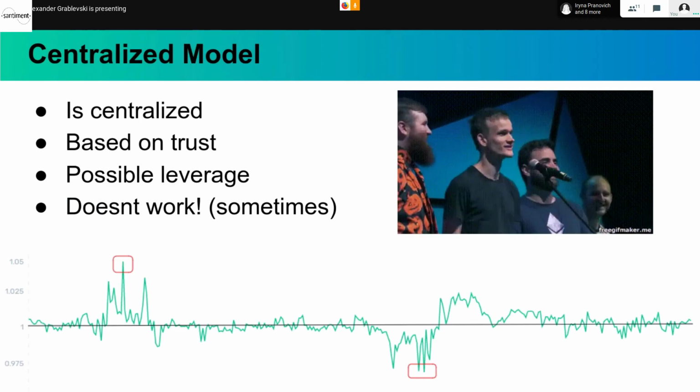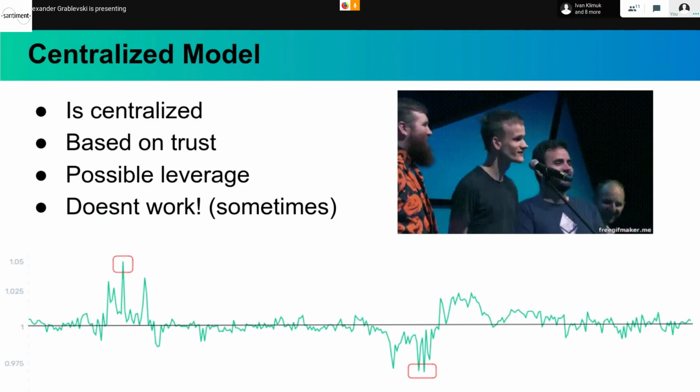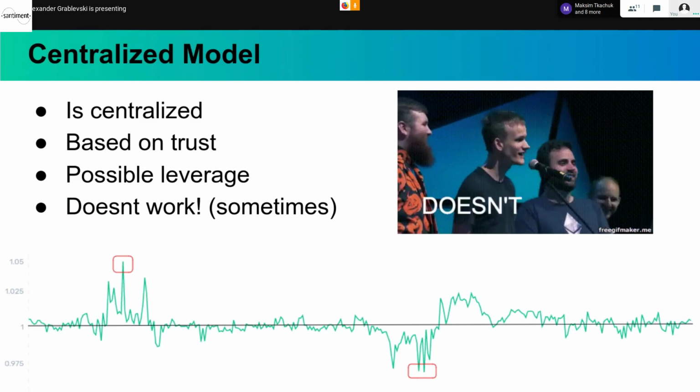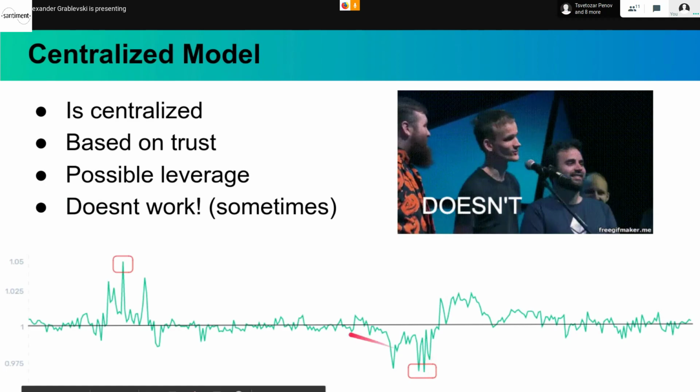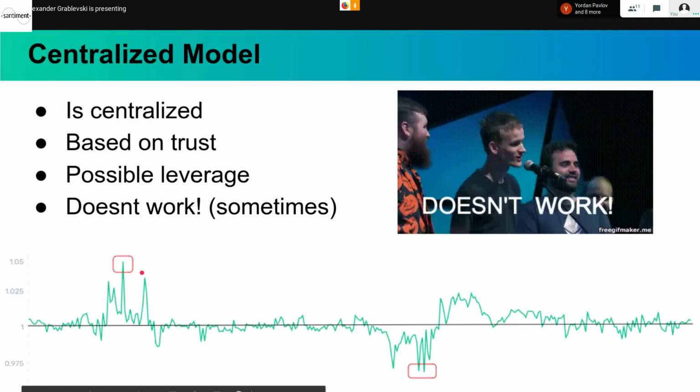Actually, they issued a lot of tokens, but at some moments they didn't have enough funds to cover this debt. So in some moments, the USDT price fell to 0.98 dollars or even less, and at some point it was even bigger than 1.05 dollars.